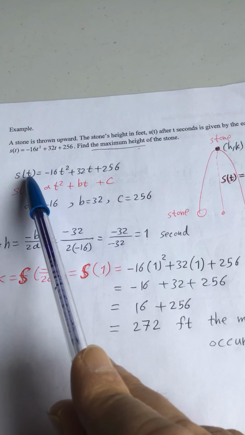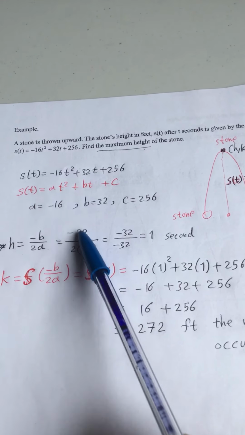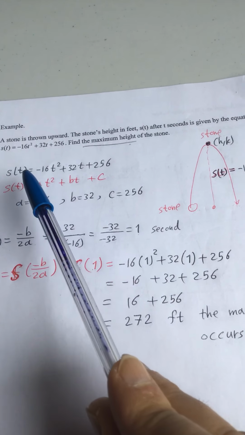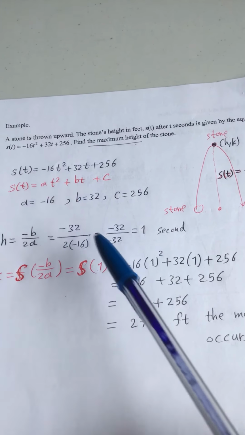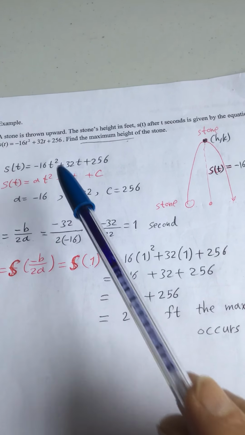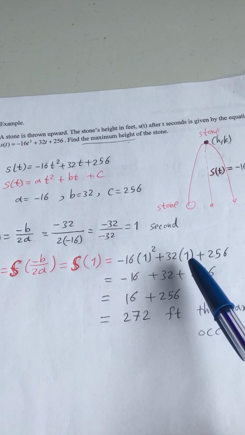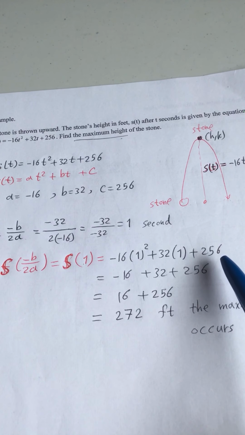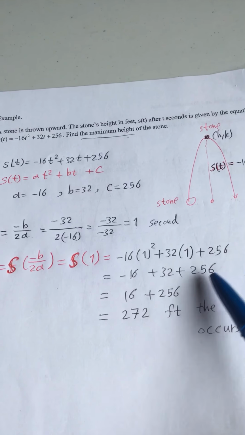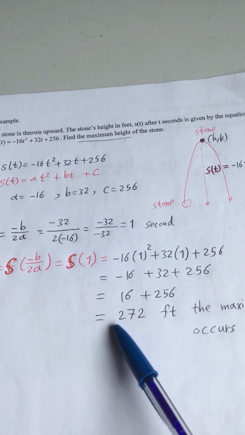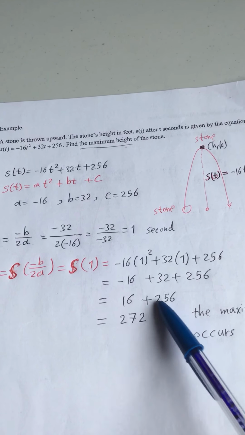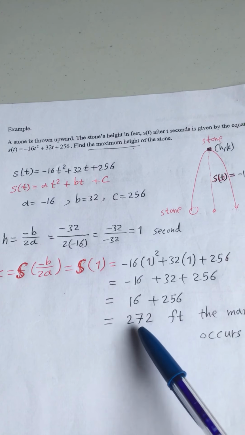To find s of 1, just substitute 1 for each t in the function. So we get negative 16 times 1 squared plus 32 times 1 plus 256. Simplify, so we get 272. This is the maximum height, 272.